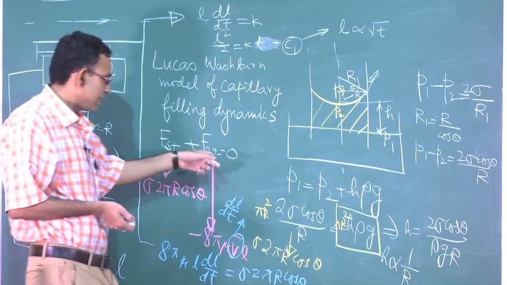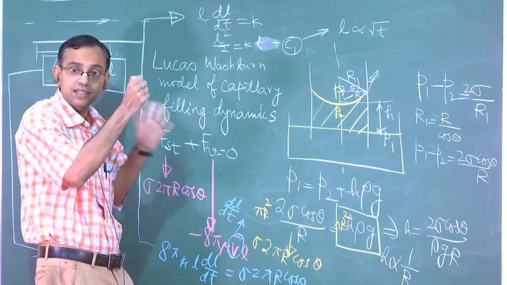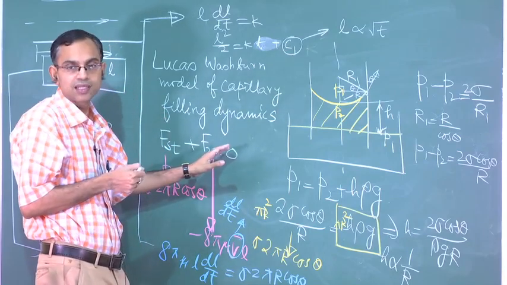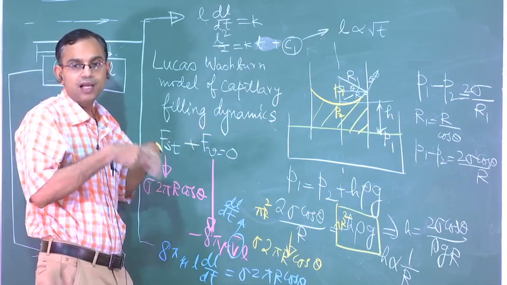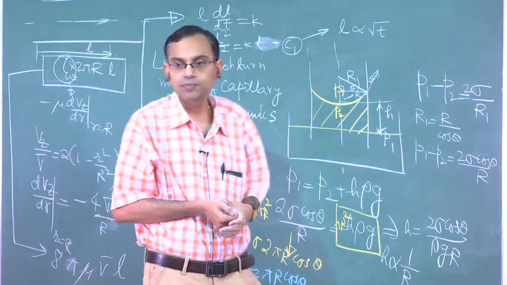So, this viscous force mathematical expression will change, but the physics, the concept still remains the same. Surface tension and viscous force together make a net zero force in an inertia free regime.